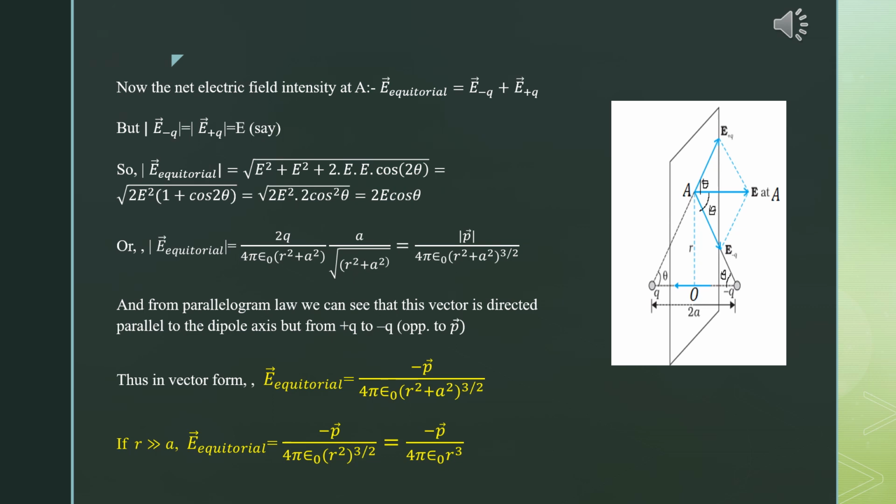Once again, if r is very large compared to a, what will happen? Then E equatorial will be equal to minus p vector by 4 pi epsilon naught r cube. Why? Because we can neglect a square. So if you compare the magnitudes, you can see the axial field for a short dipole or a point dipole will have twice the magnitude of the equatorial field, because it was 2p, here it is only p.